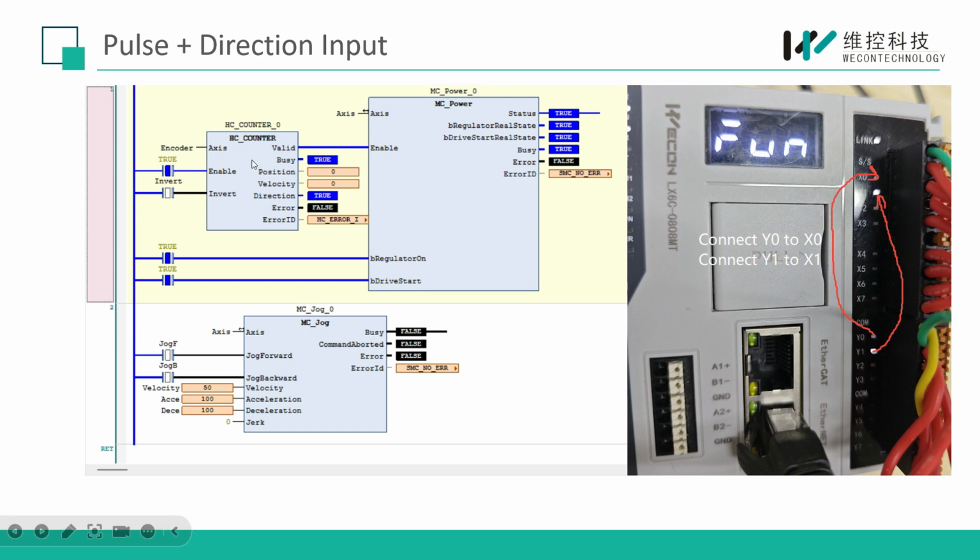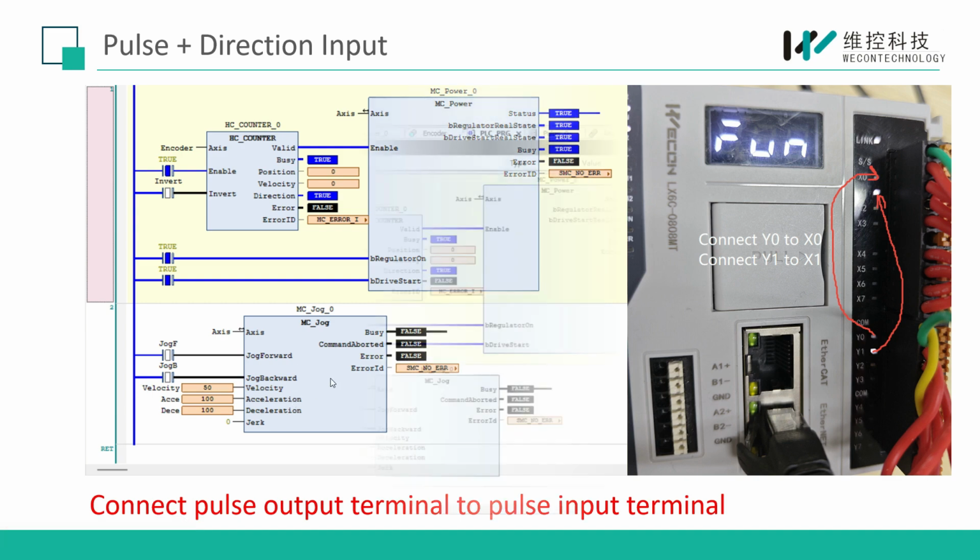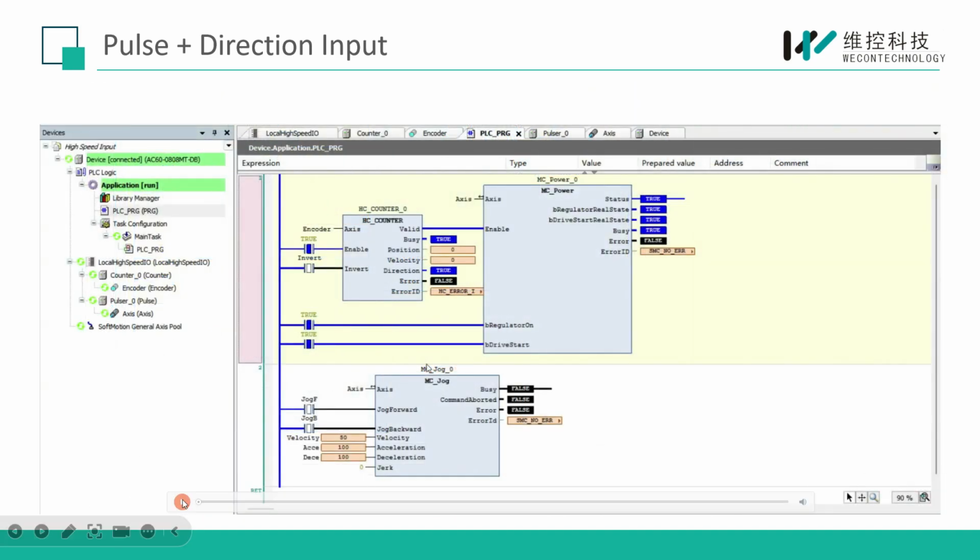And in this picture, you can see HC counter. This function block is used to enable our counter, and also MC power is used to enable our pulse axis, and this MC drop is used to send pulse. Let's check this video.